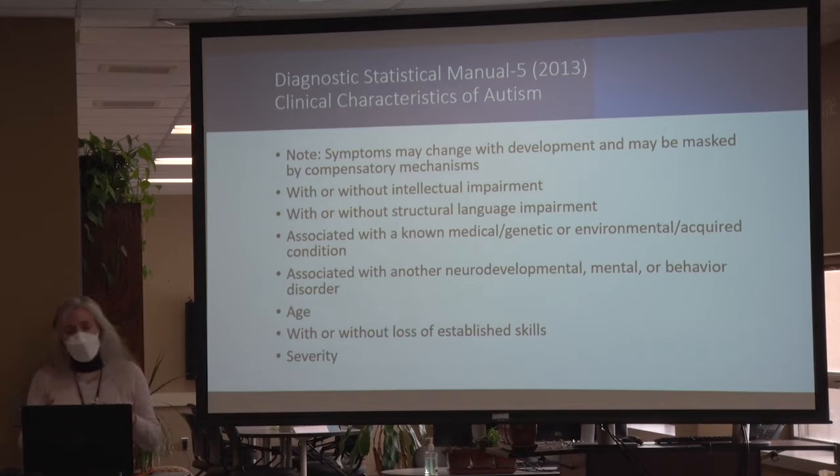And when we talk about structural language, we're talking about morphology and syntax, so the actual putting together of language, rather than the pragmatic issues that we traditionally see with autism. So there could be the actual formulation of language components. All right, there could be genetic, other medical, or neurodevelopmental factors, it could be related to age, meaning development starts typically and then has a form of regression, and then severity.